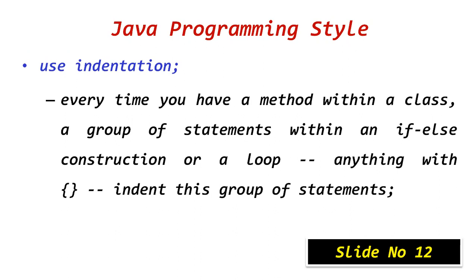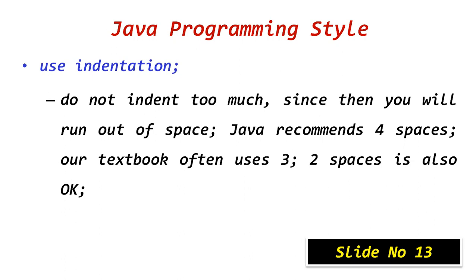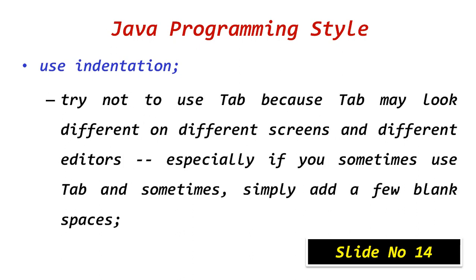Every time you have a method within a class, a group of statements within an if-else construction, or a loop, anything with curly braces, indent this group of statements. Don't indent too much, since then you will run out of space. Java recommends 4 spaces. Our textbook often uses 3. 2 spaces is also okay.